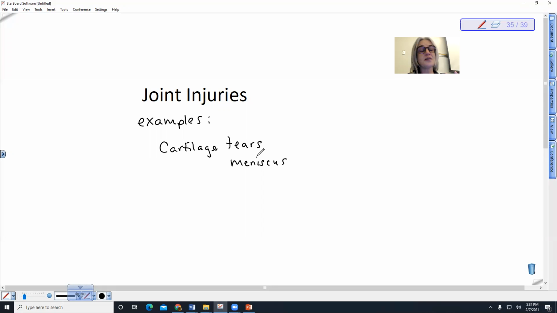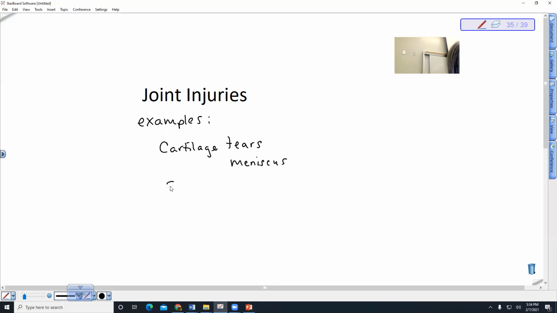So it could lead to osteoarthritis. There's some idea that perhaps we can use stem cells to grow the meniscus, because it doesn't tend to replace itself very well, just naturally repair itself. So maybe in the future, we might be able to use stem cell therapy for that.